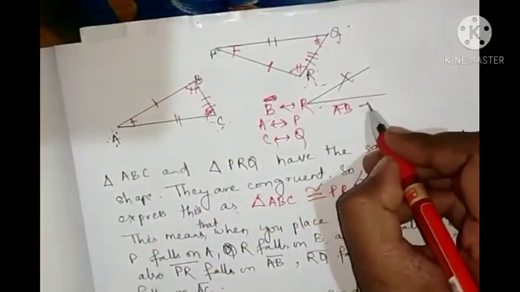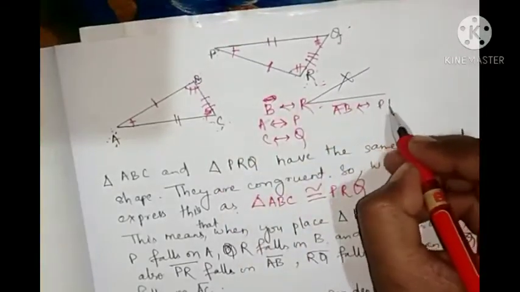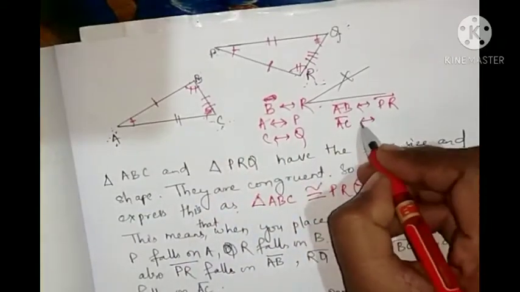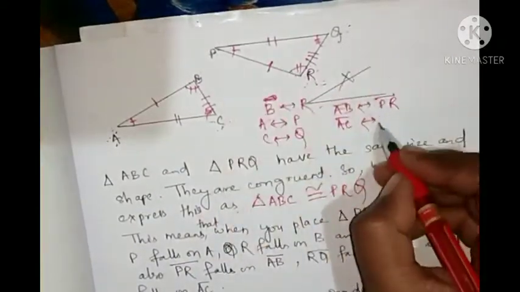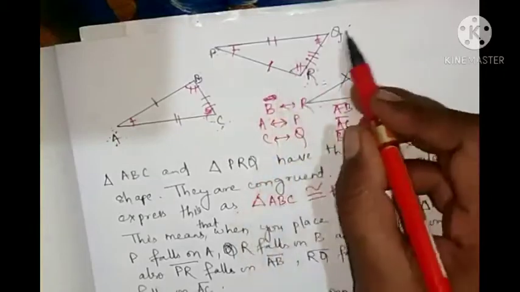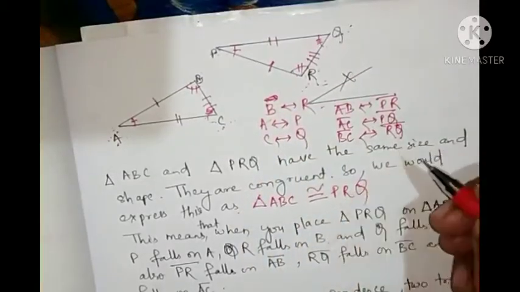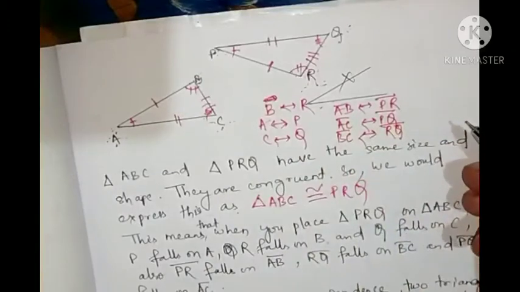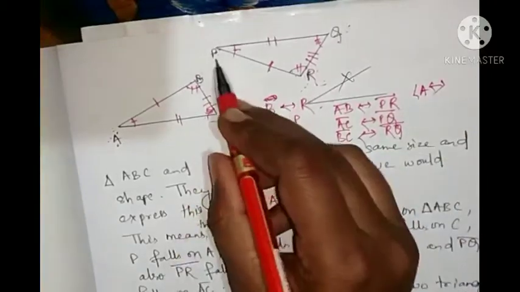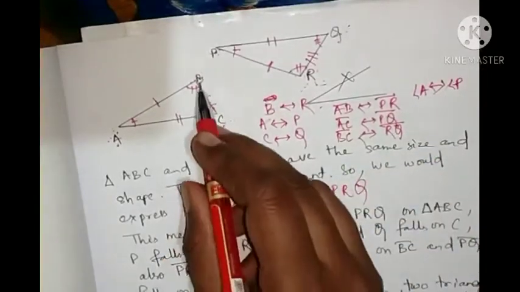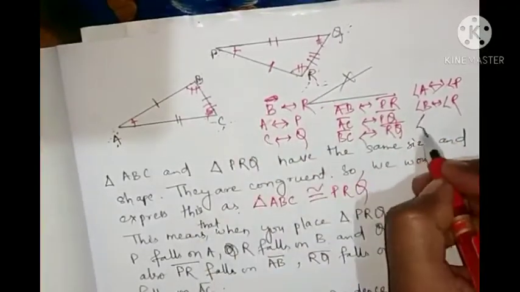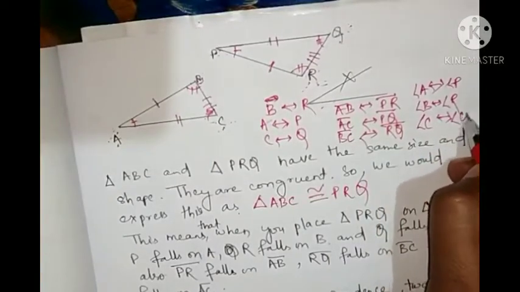AB is corresponding to PR. Then AC is corresponding to PQ. Then BC is corresponding to RQ. Then what about angles? Corresponding angles: angle A is corresponding to angle P, angle B is corresponding to angle R, angle C is corresponding to angle Q.